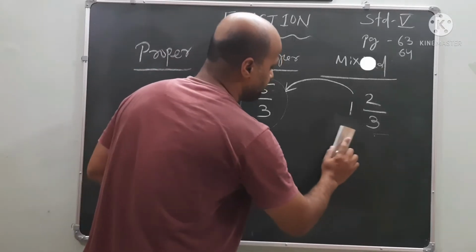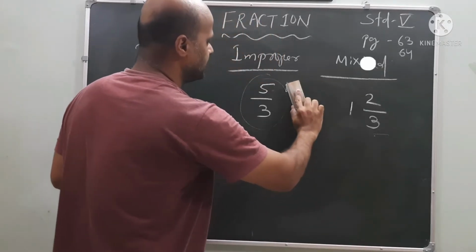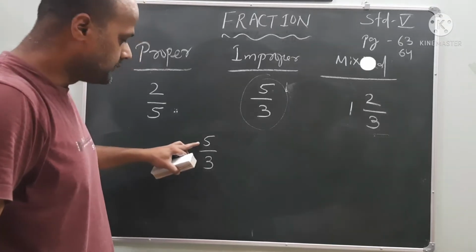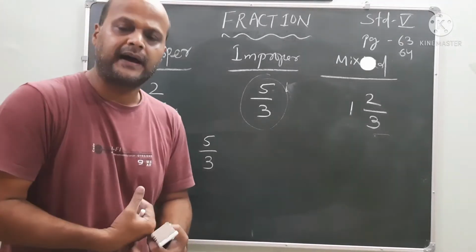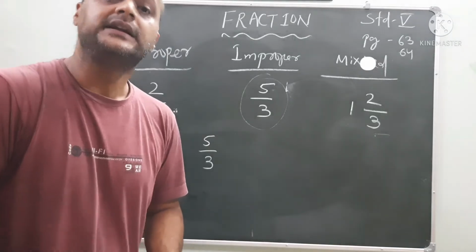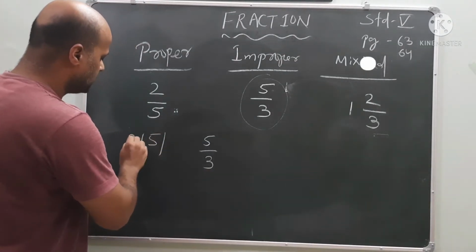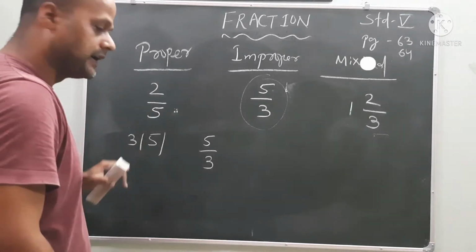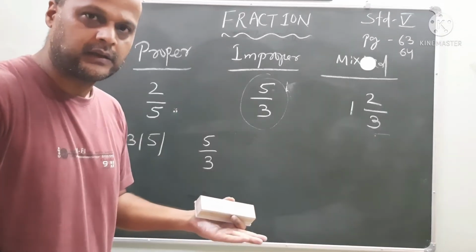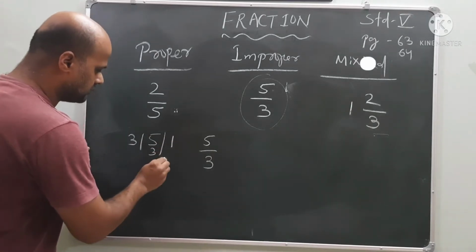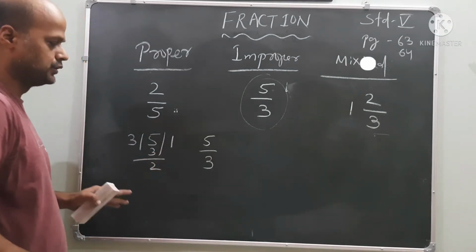So you will do an example. 5 by 3. What is the meaning of by? Here by means divided. 5 is divided by 3. How will you divide it? In the 3 table, 5 is not there, but I can divide it. 3 ones are 3. What is the remainder? 2.